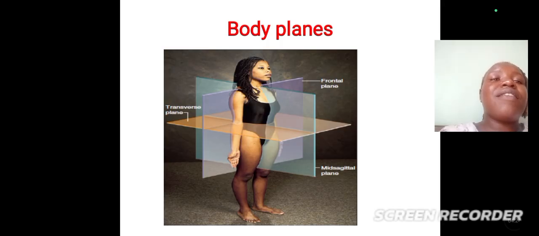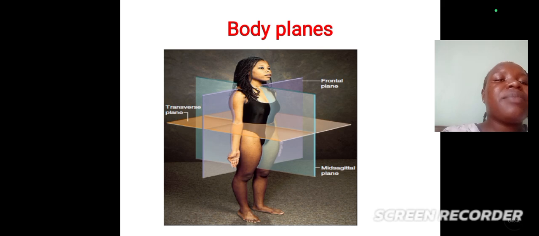It is also running vertically, dividing the body into anterior, the front part, and posterior, the back. So that is the frontal plane. Then there is a transverse plane, the one in orange.